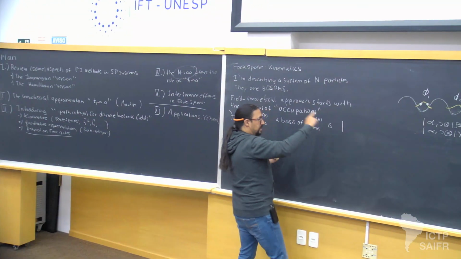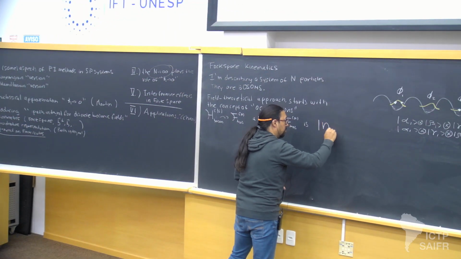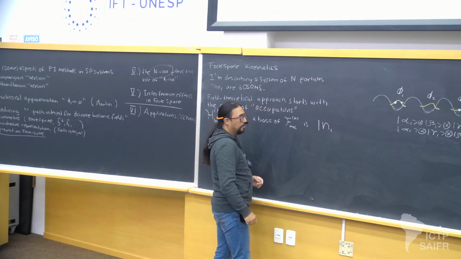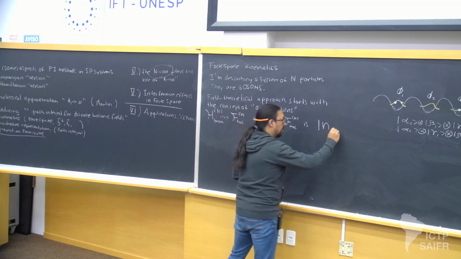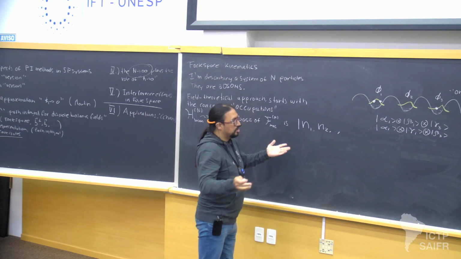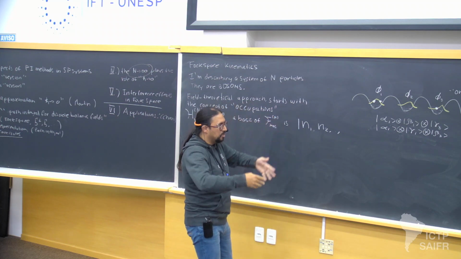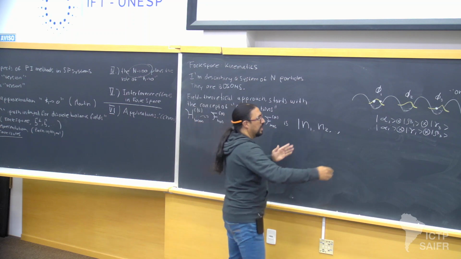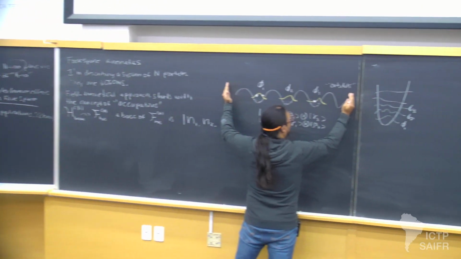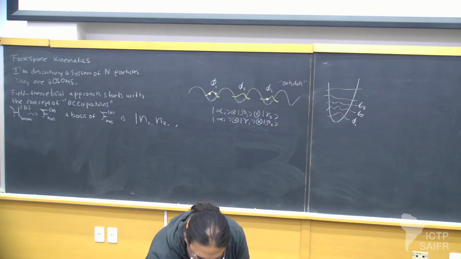So to specify states in this space, I will specify the number of particles in the single particle orbital phi 1, the number of particles in phi 2, and so on. Eventually we can make things infinite, but I will assume that I have D. I want to be careful to use the same notation as in the paper.